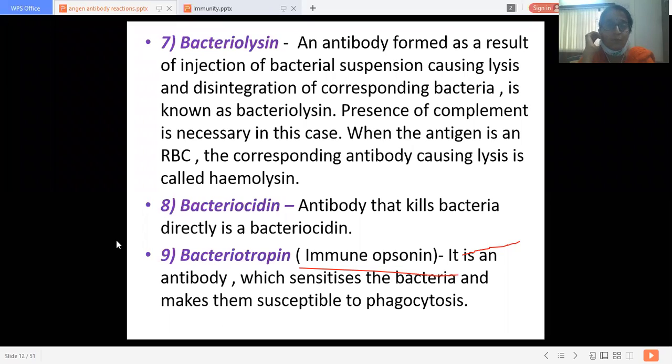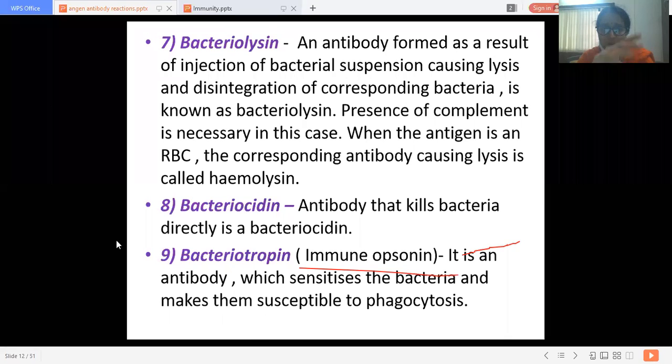The presence of complement is necessary in this case. When the antigen is an RBC, the corresponding antibody causing lysis is called hemolysin. The antibody which takes part in this reaction causes lysis.